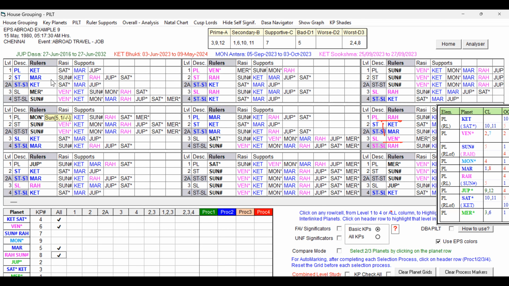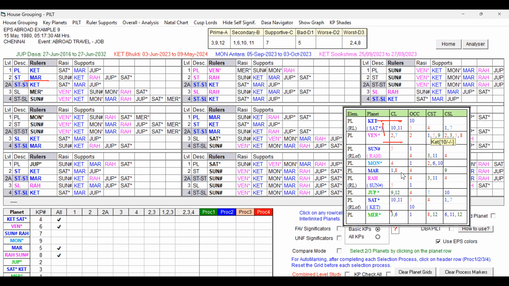Which is better, Ketu or the Moon? If you open that EPS table, we can see the advantage and disadvantage. A comparative study we can easily do, whether Ketu is better or the Moon is better. Ketu is having Mars at the star level, that is good, right? But if you look at the signification of Mars, though it is a good key planet, Mars is having 8 and 4 in the source.